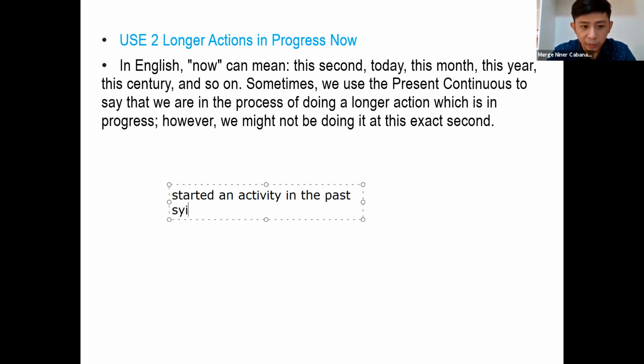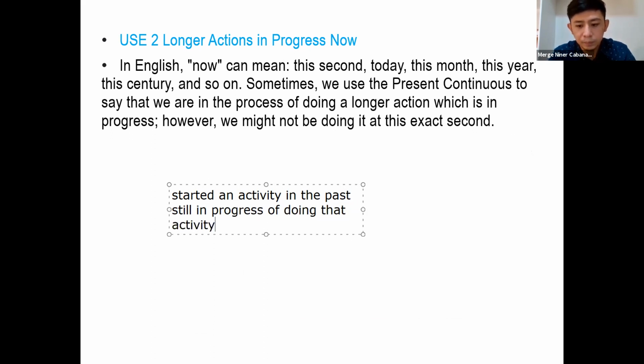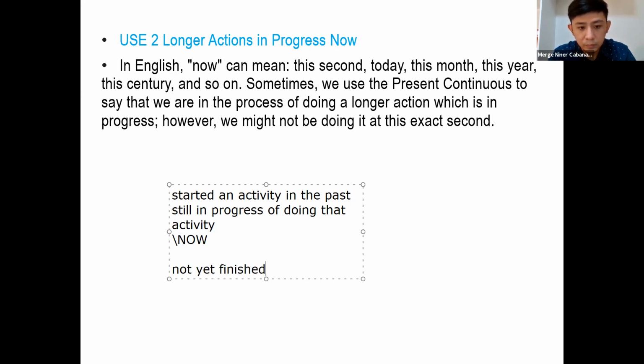You are still doing it, still in progress of doing that activity until today, and you're not yet finished. You don't expect yourself to finish this activity soon, then it is included in our use number 2.